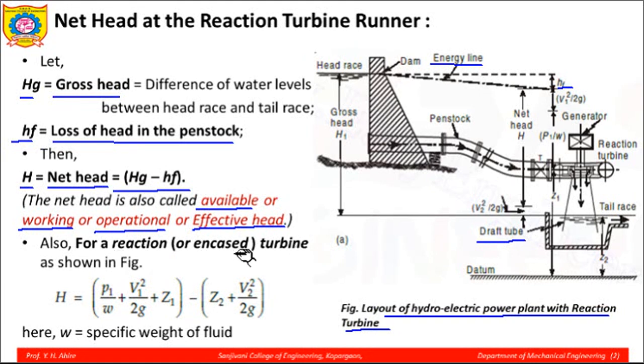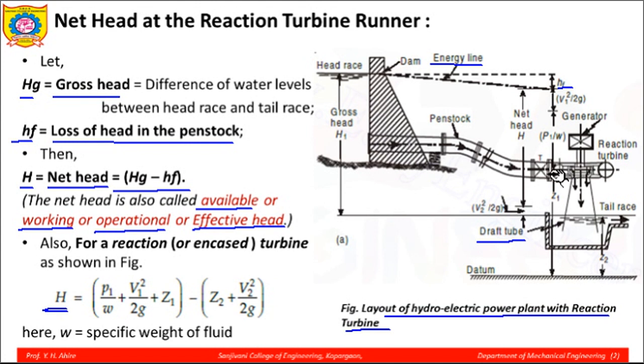For a reaction turbine, that is the encased type of turbine, net head is also written as net head capital H is equal to P1 by gamma plus V1 square by 2g plus Z1. So these are pressure head plus kinetic head plus datum head, and subscript 1 represents the inlet of the turbine.